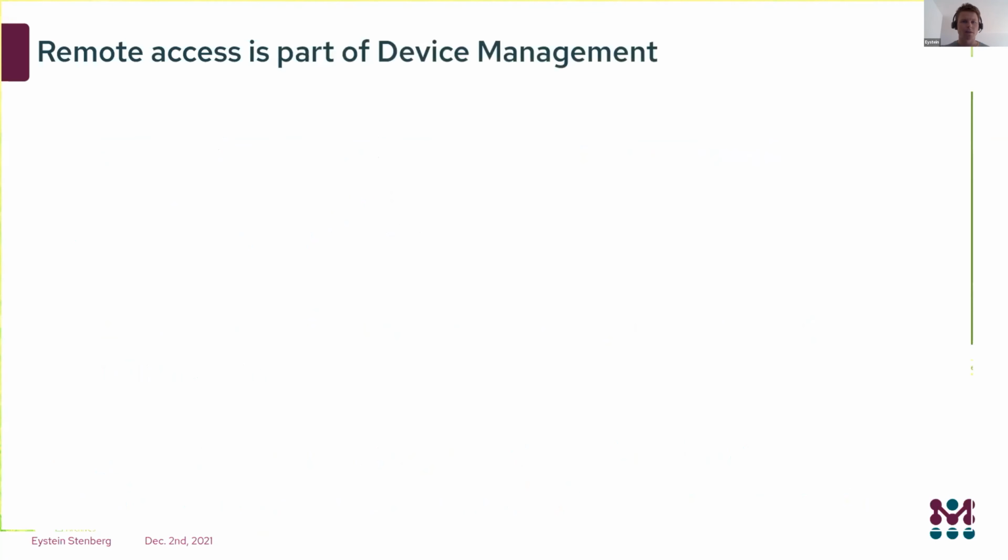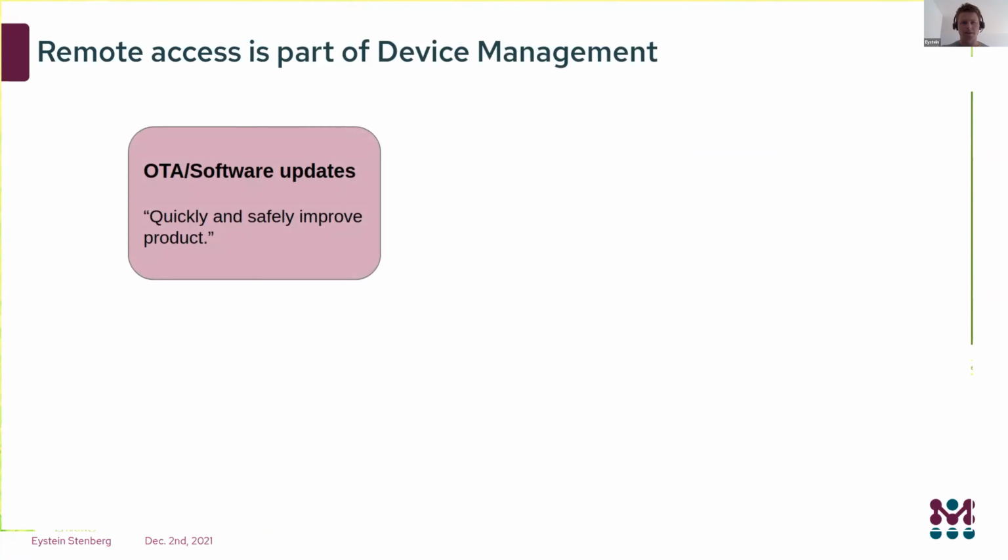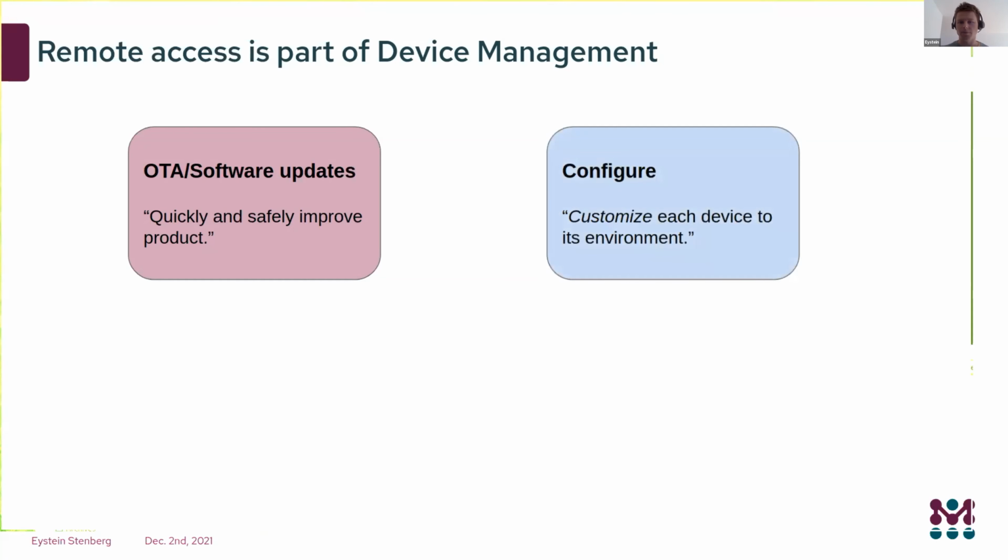And to put it in context, at least what I would consider device management consists of being able to do over-the-air software updates to quickly and safely improve the product, and configure the device to customize it to each environment. This could be to, for example, set the time zone or things like that that are not uniform across all devices.